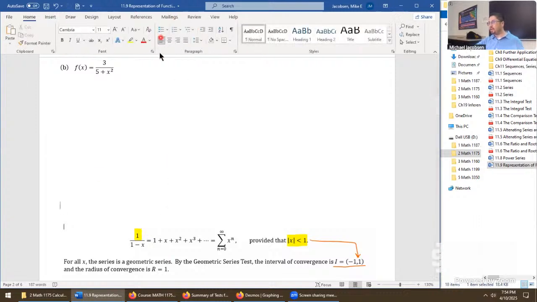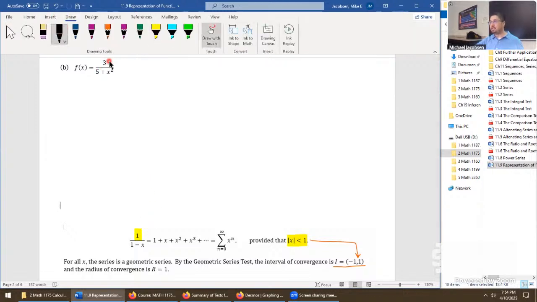We want a 1 in the numerator, but we've got a 3, so we just ditch the 3. Let's factor out a 3, and while we're at it, let's get our other 1 down below by also factoring out a 5 all at once. So removing 3/5 is going to take us to 3/5 times 1 over 1 plus x squared over 5.